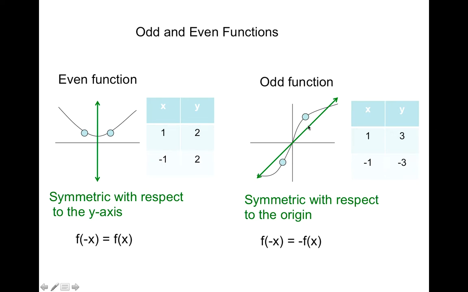Graphically, if I draw in the line y equals x, which is this green line, you'll see that if I take the graph, fold it over the x-axis, and then again over y, I have a symmetry that exists. It's a double flip symmetry. By definition, we say that this is symmetric to the origin, and that f of negative x is the same thing as negative f of x.